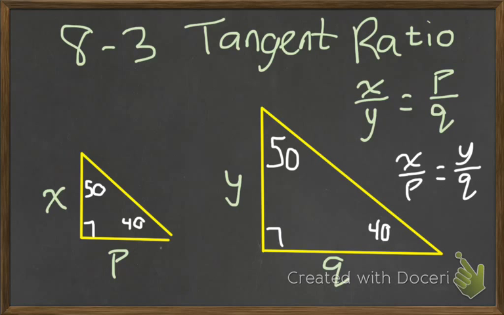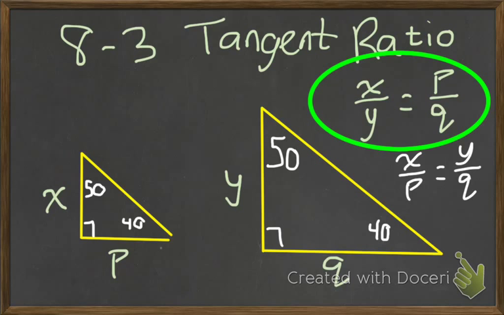And the algebra behind that's not that complicated. You're pretty much just multiplying both sides of this original equation by y, and then dividing both sides by p, and then they would just switch over. So if you don't believe me, try some numbers. You'll see that it works.